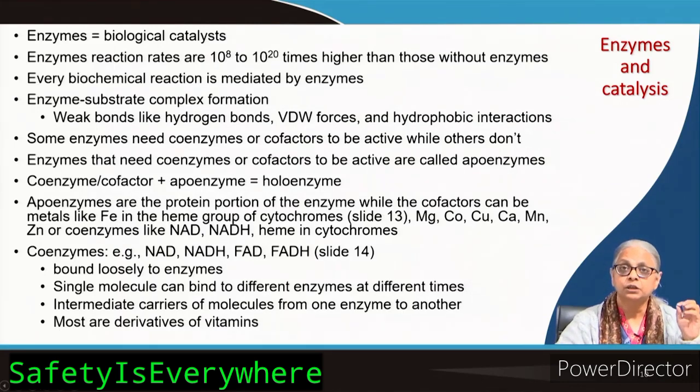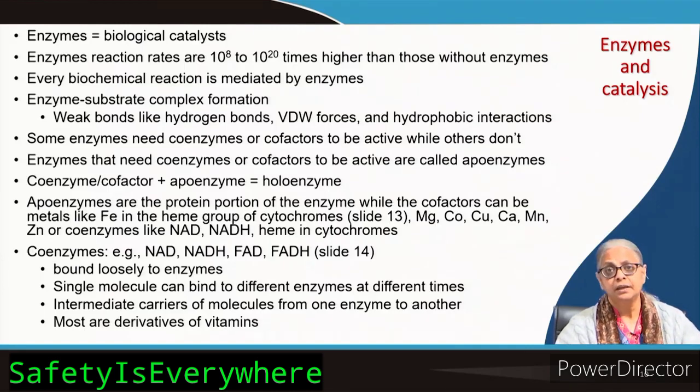They are very crucial in the respiration process, because the electron transport chain is basically based on these carriers or coenzymes, and they are the ones that transfer protons and electrons. When we go through the entire course, you'll be able to understand how crucial their role is. They are almost all derivatives of vitamins.